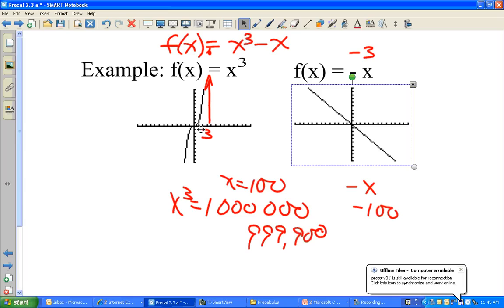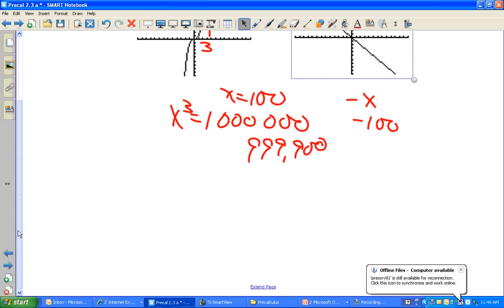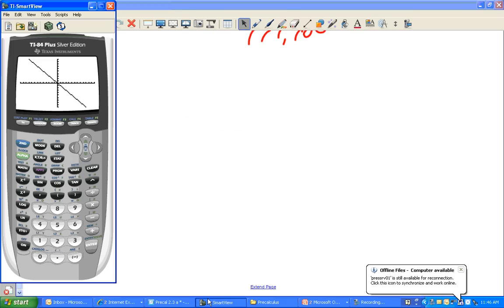On the other hand, when x is small, somewhere around 0, 1, 2, then all of a sudden the minus x plays a larger role in what the function looks like. So let's take a look at that graph. I'm going to extend this down a little bit so that you can see the graph on here as well.